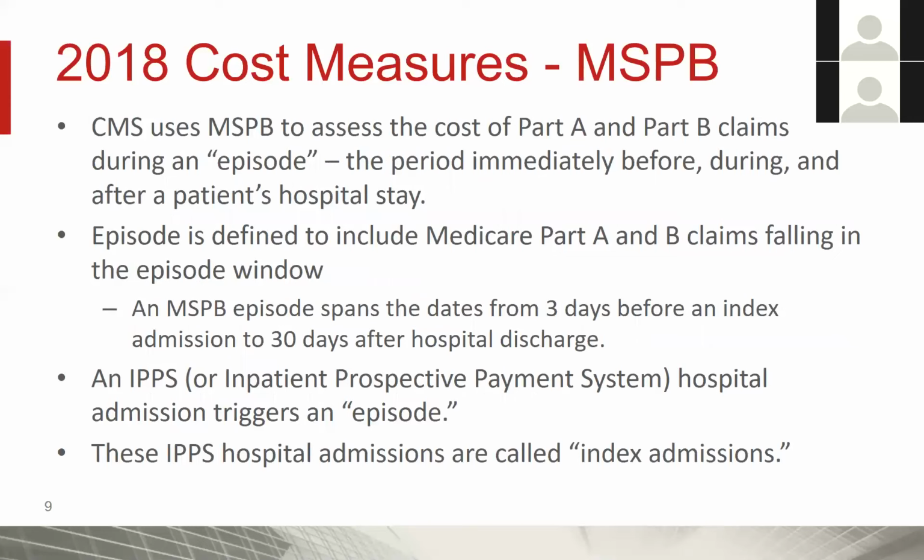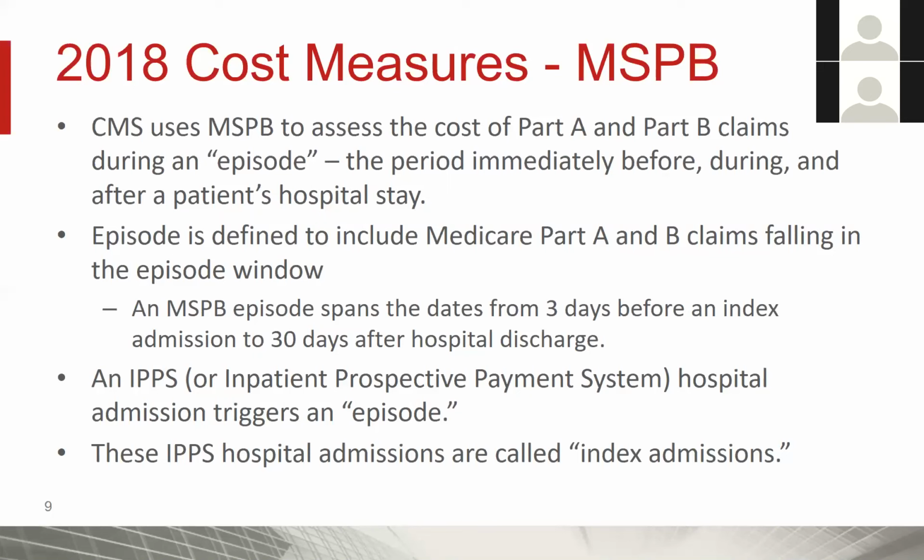So let's dig a little deeper on the MSPB cost measure. CMS uses MSPB to assess the cost of Medicare Part A and Part B claims during an episode. Again, as I previously mentioned, that will be evaluated based on the 3-day period immediately before, the period during, and that 30-day period after a patient's hospital stay. An episode is defined by CMS to include Medicare Part A and Part B claims falling in the episode window.